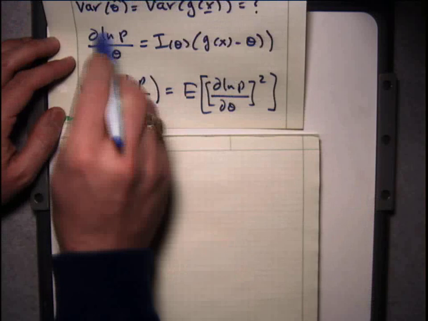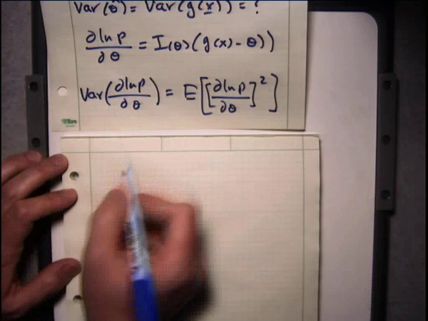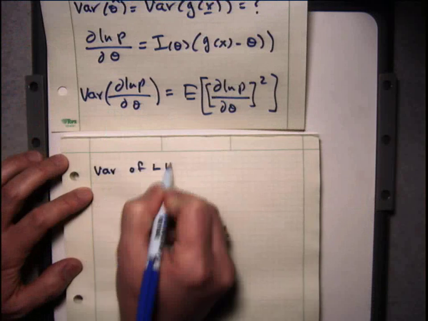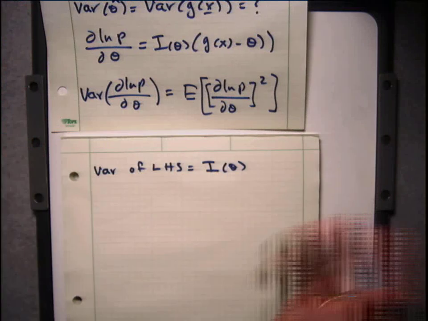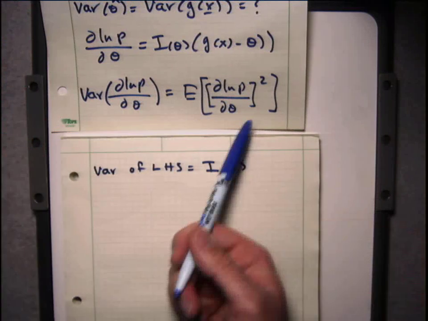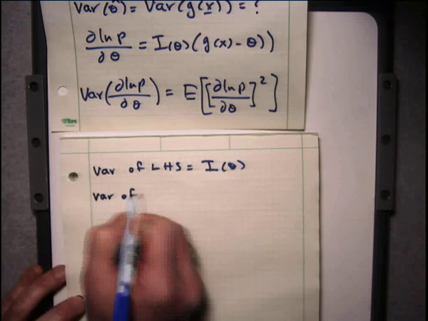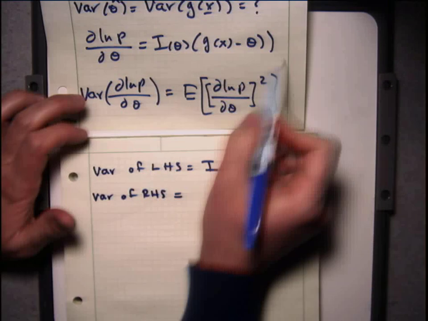Okay, so what do we get from this? I'm just looking at the variance of the left-hand side. So variance of the left-hand side is I of theta, right? So this is the definition of the Fisher information. Okay, what about the variance of the right-hand side? That's the variance of this guy here.